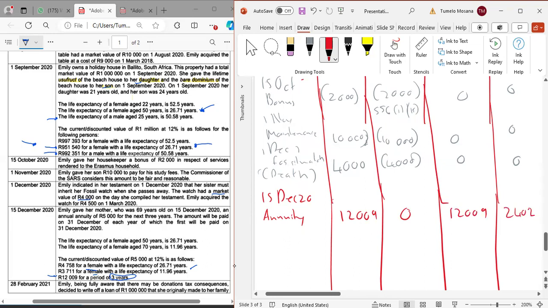And then for the final one, which is on the 28th of February, 2021, this one I'm going to give to Roslyn.